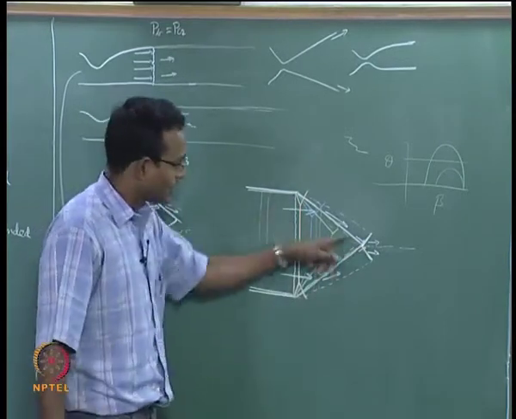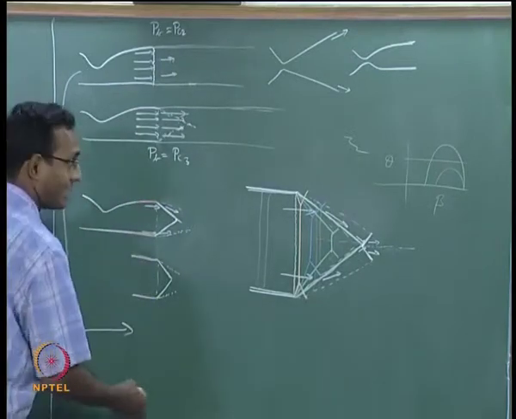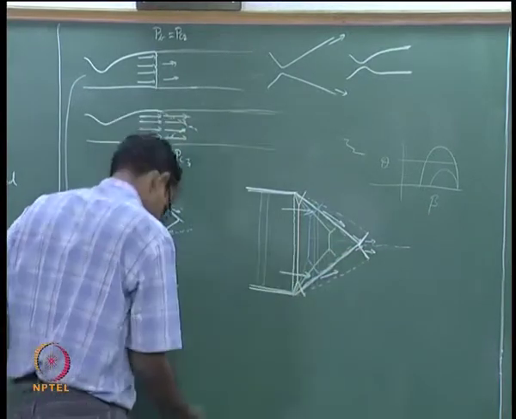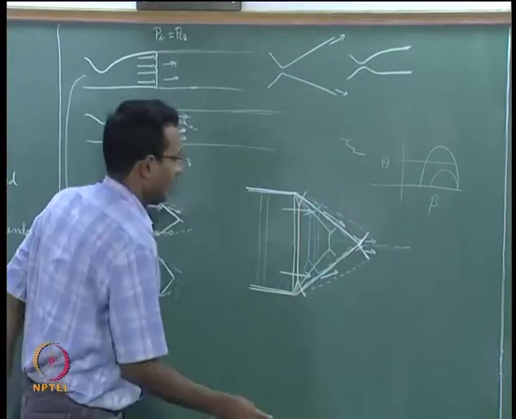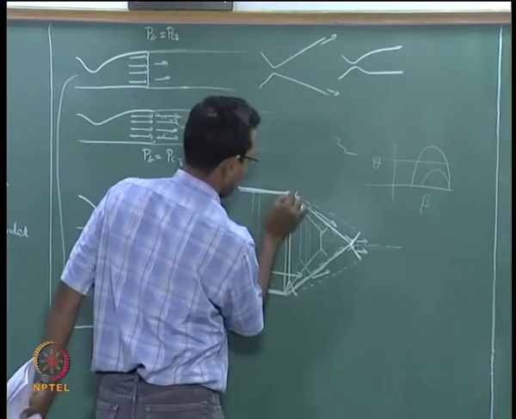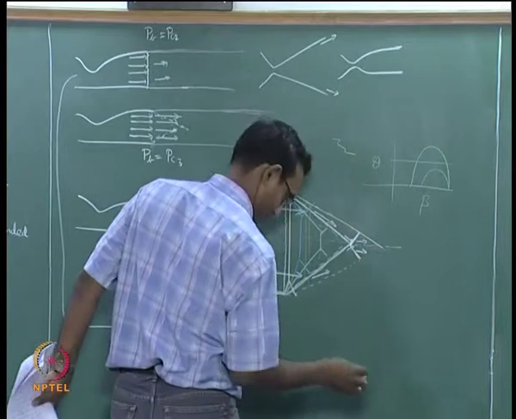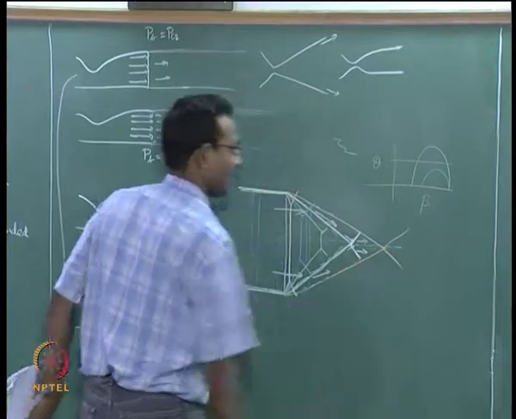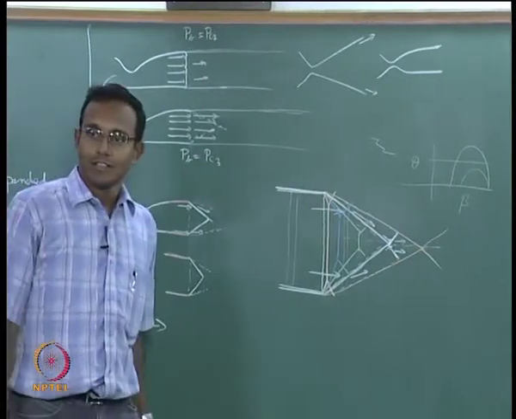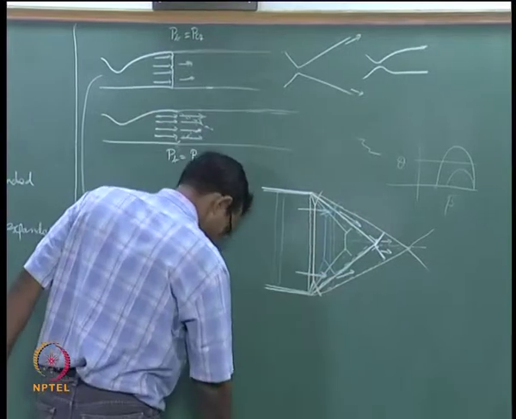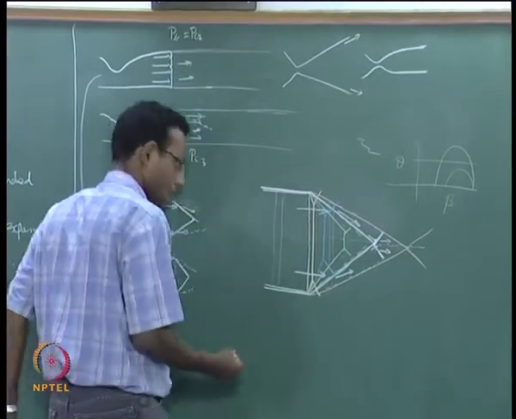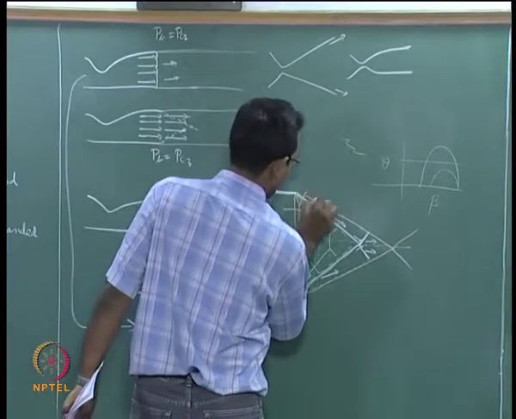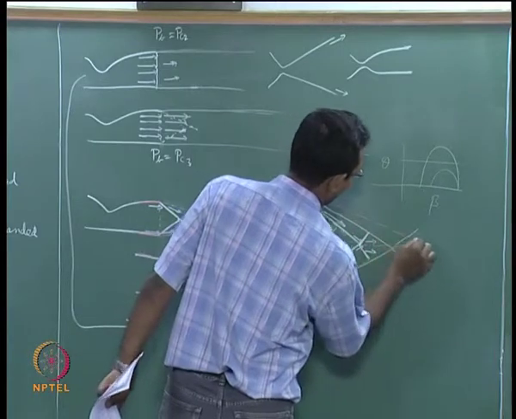Okay. And beyond this point I keep on going, let us say I will again start using colors. I will start using orange, I will go in the same order. If I decrease pressure further, then my oblique shock may become this. There will be a point where if I decrease further, my oblique shock will become so weak that it will be just a very weak wave, my Mach wave.